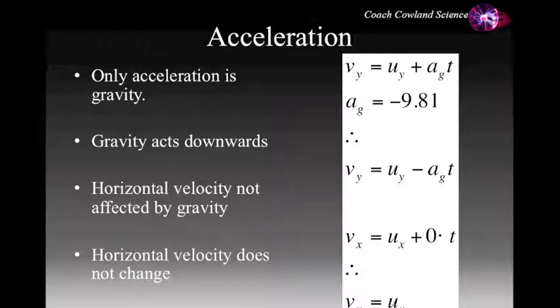However, in the x dimension, because acceleration is 0, the final velocity v of x is simply equal to u of x. This means that our initial horizontal velocity component is our final horizontal velocity component at any time during the projectile motion. This is an important fact that will help us during our calculations.